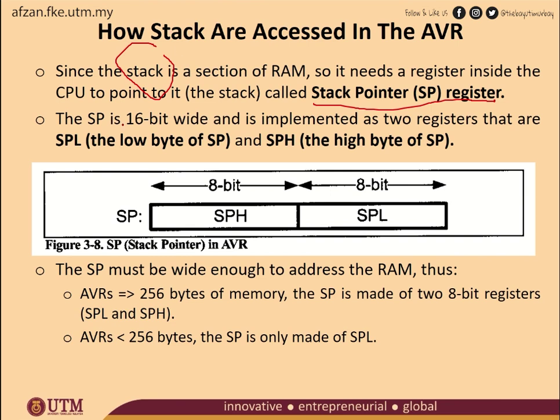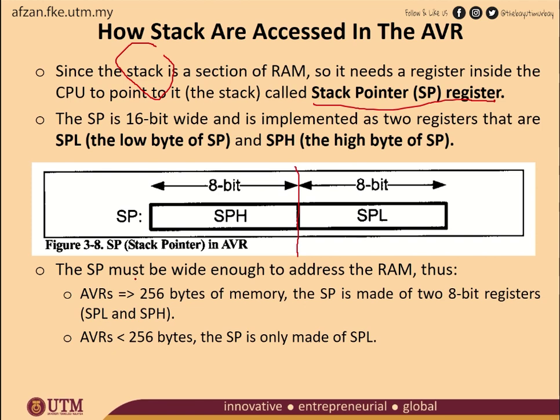Alright, the stack pointer is 16-bit wide and it is implemented as two registers: SPL, which is the low byte of the stack pointer, while SPH is the high byte of the stack pointer. So this is your stack pointer. It consists of 16-bit data, right? Since it is 16-bit, you can divide it by two. One is SPL, the stack pointer low, and the other half is SPH, which we call stack pointer high.